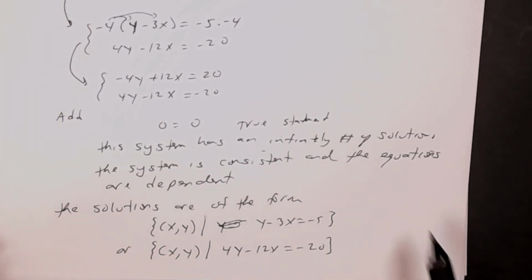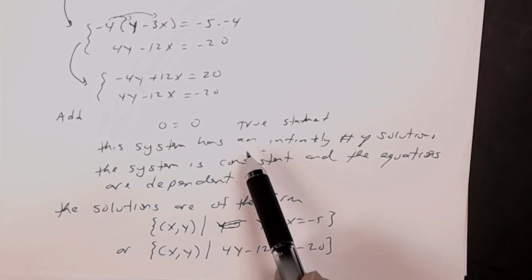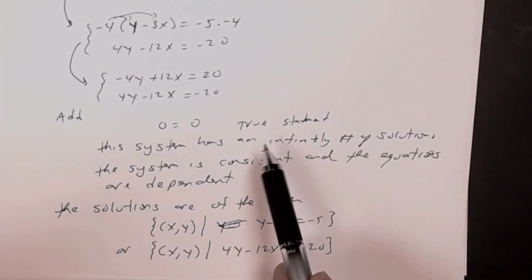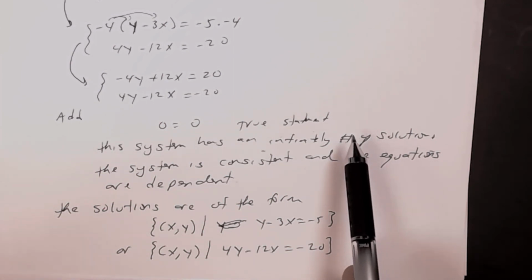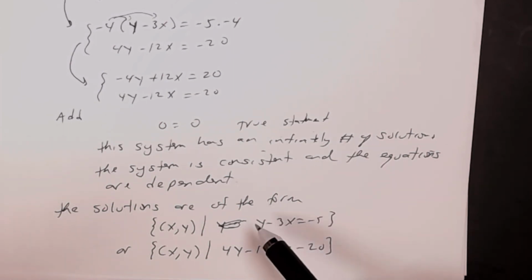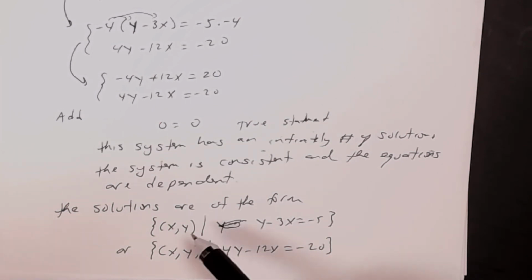The point being, just saying that it has an infinite number of solutions is not enough. They may ask you to state what form the solutions have. Well, the solutions are any ordered pair that satisfies this equation, or any ordered pair that satisfies this equation. It doesn't matter which one you use, because whatever ordered pair is on here is going to be on this one.